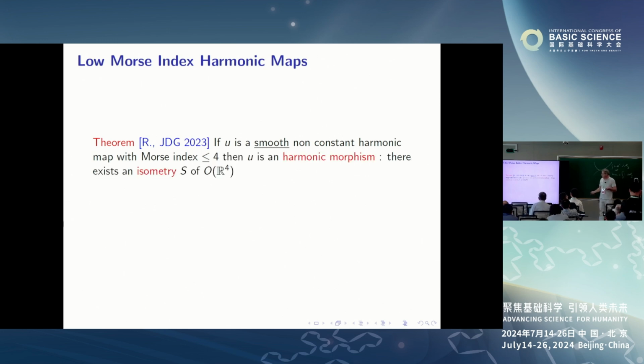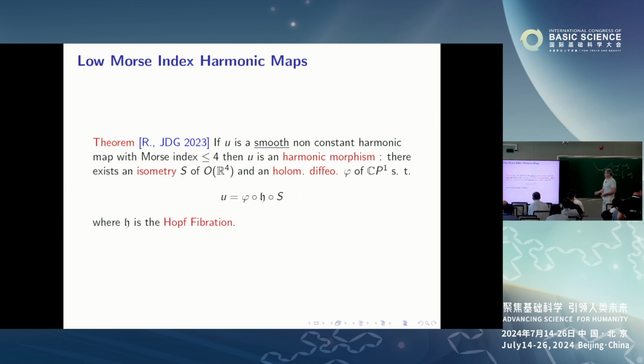That is, more precisely, there is a rotation in 4-space, a holomorphic diffeomorphism of CP1, and the map is a composition of this rotation, the Hopf fibration, and this holomorphic diffeomorphism. So, in a sense, this corresponds to Urbano's result.